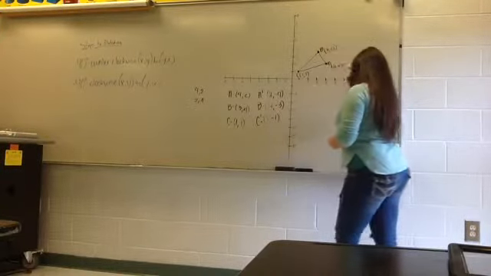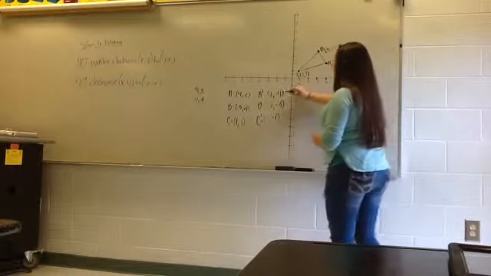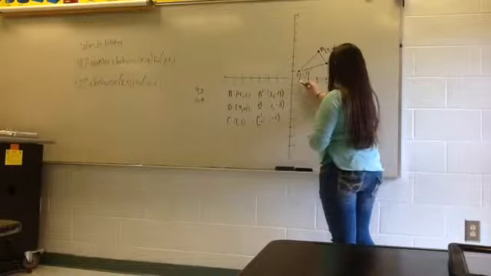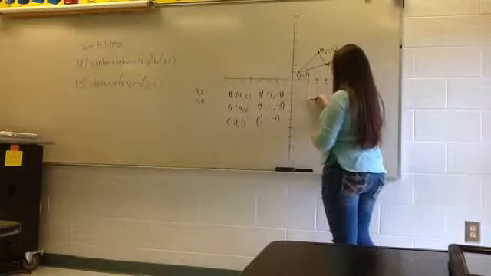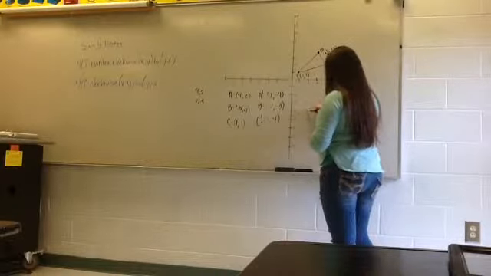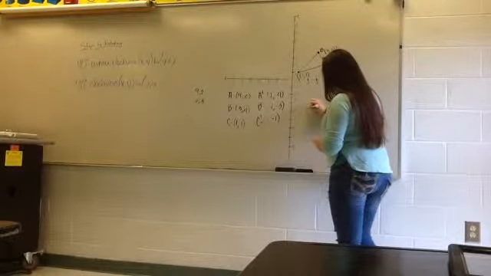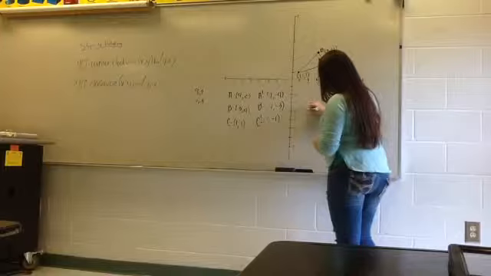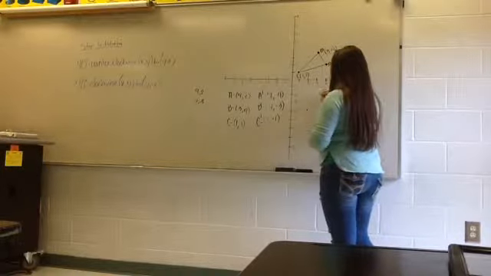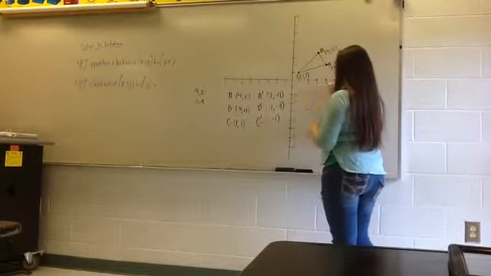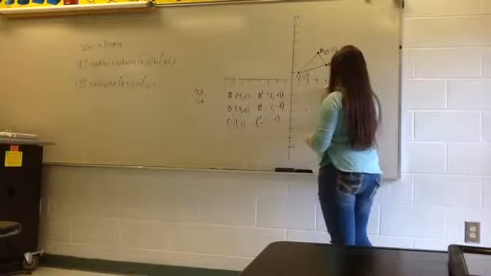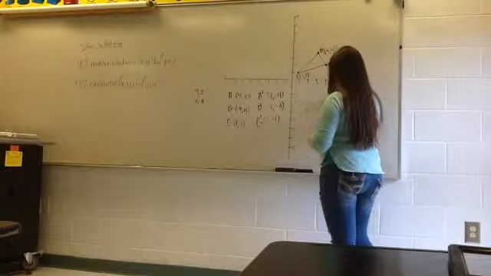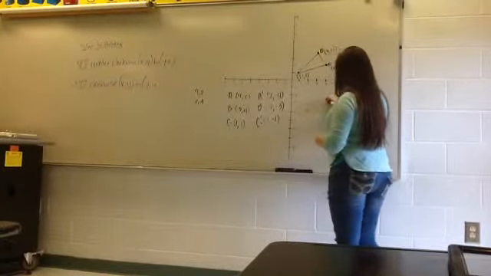Now we have to plot our coordinates. So for A, you're going to go over 2 and down to negative 4. And your new A coordinate will be right there. For B, it says 4, negative 3. So you go over 4 and go down negative 3. And your new B coordinate is right there.